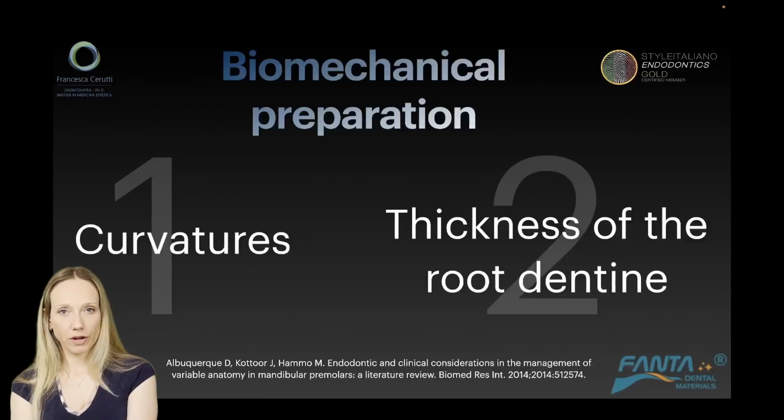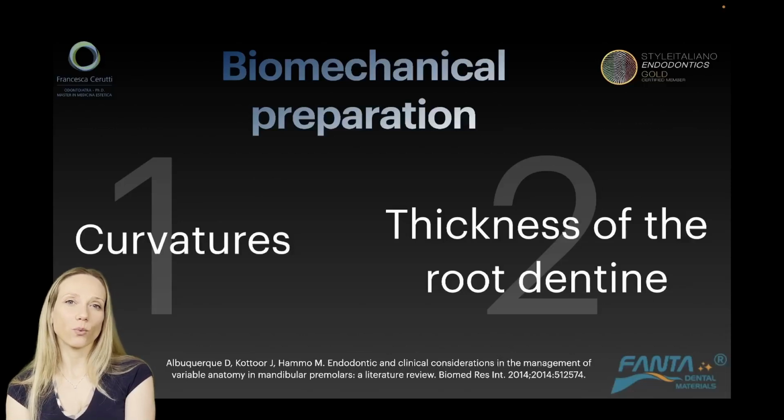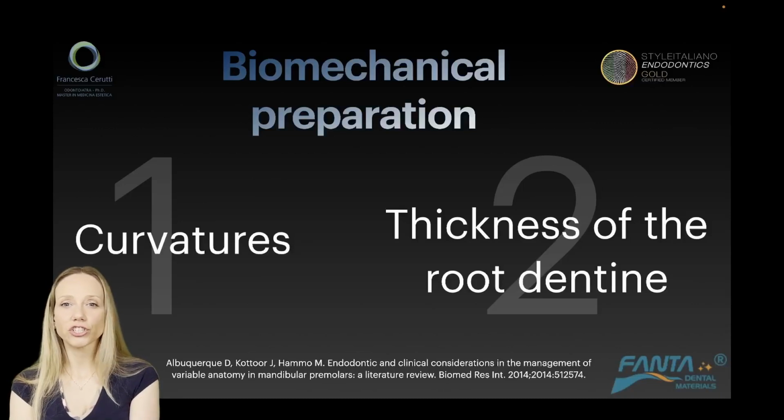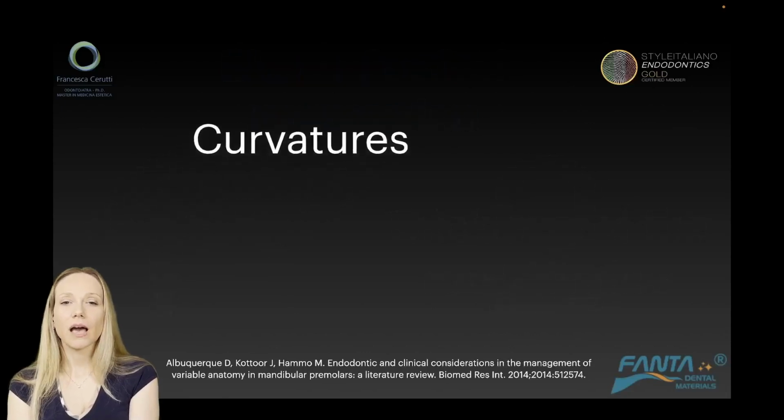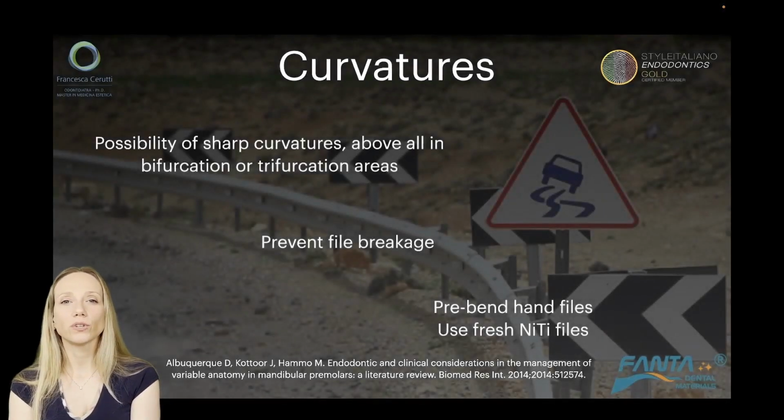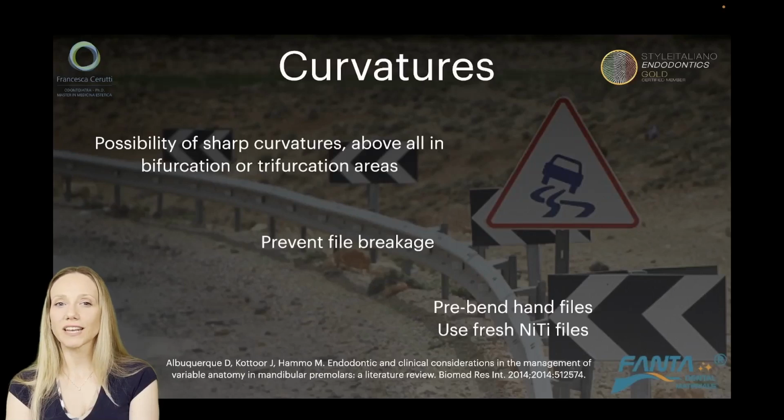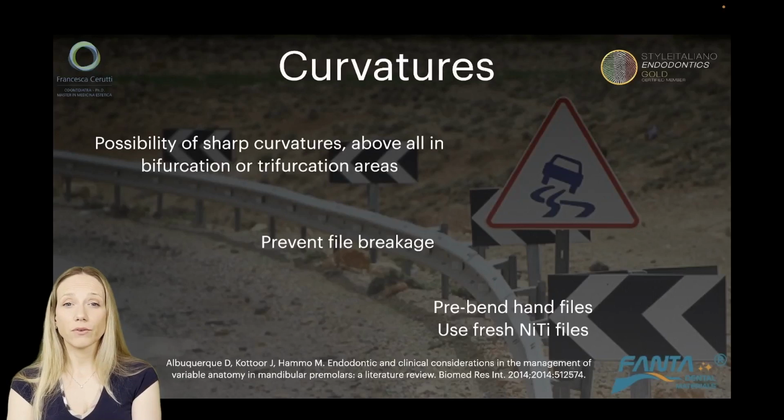What about the preparation? We can be extremely careful, and we have to pay attention to two things. The first is curvatures, and the second is the thickness of the dentine. About curvatures, we know that in unusual anatomies we can have sharp curvatures, above all in bifurcation or trifurcation areas.